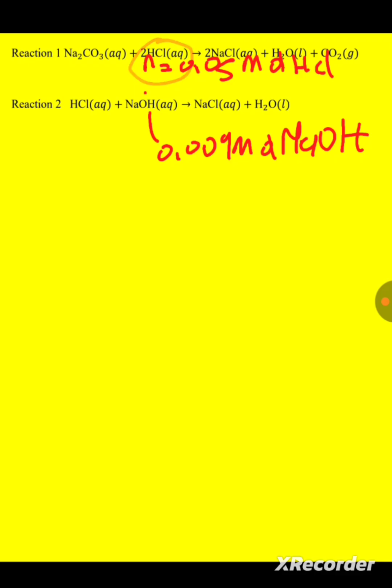Then in reaction number 2, I calculated the number of moles of NaOH because I had information about it. Right. Now I'm going to get the number of moles for HCl. Remember, when you're given two reactions, you must get the number of moles of the one that is repeating in both reactions. In that way you would have solved 80% of the problem.